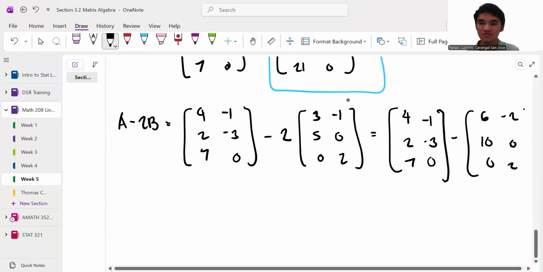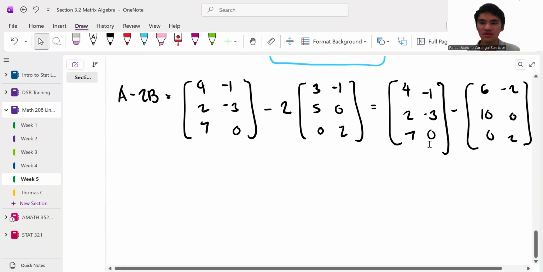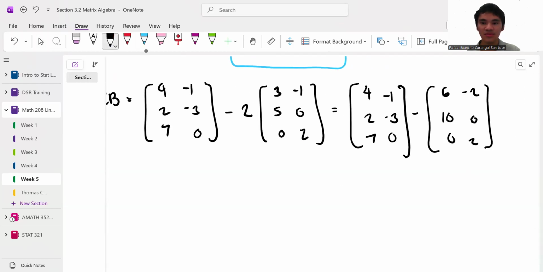0, 2. And then I think we could do an addition, so we just put the negatives here. One becomes a positive. These are negatives.